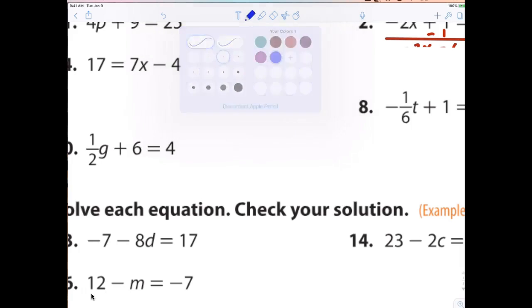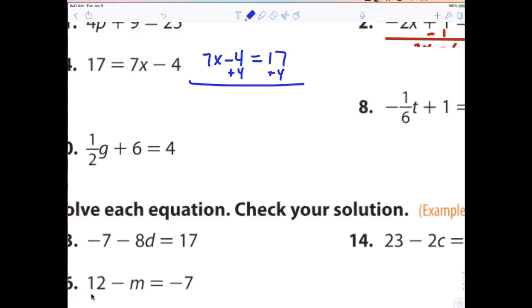I think sometimes it's helpful, so we'd write that as 7x minus 4 equals 17. Everybody okay with that? Again, tomorrow, or Thursday, we're probably not going to use calculators, because the numbers are small. And that's good practice. So put a plus 4 down, and so we would say 7x equals 21. And then dividing by 7, x equals 3. Everybody good with this?